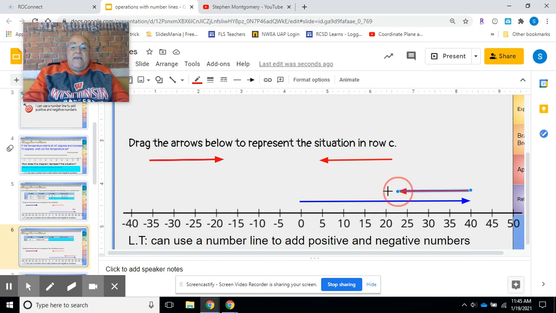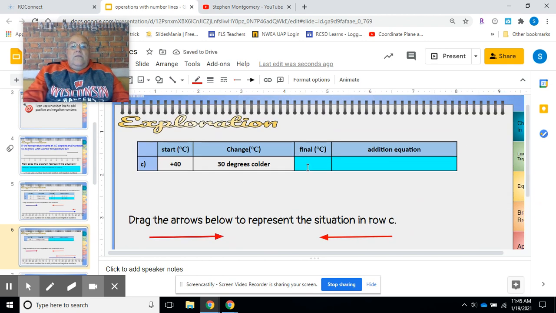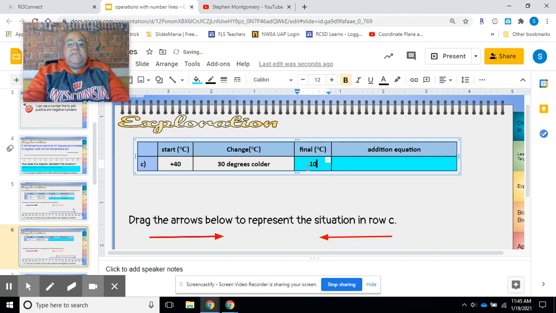I end up at 10. So back to the table. The final temperature ended up being 10. The addition equation being positive 40 plus negative 30, and we got an answer of 10.